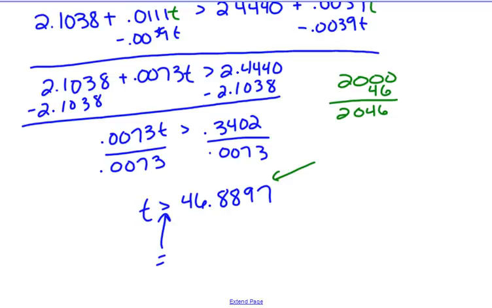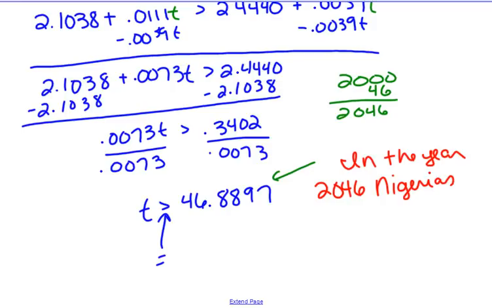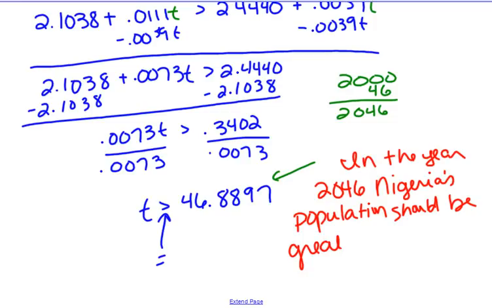So our answer would be in the year 2046, Nigeria's population should, and we're saying should because we know we're estimating and things could change, be greater than the United States population. So we still aren't there yet, right?